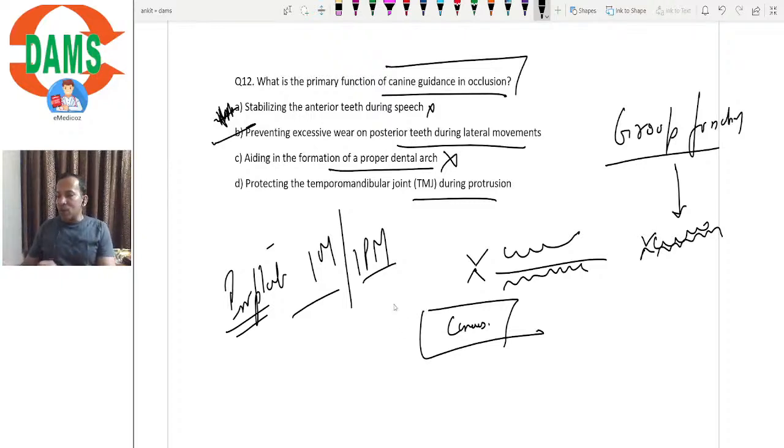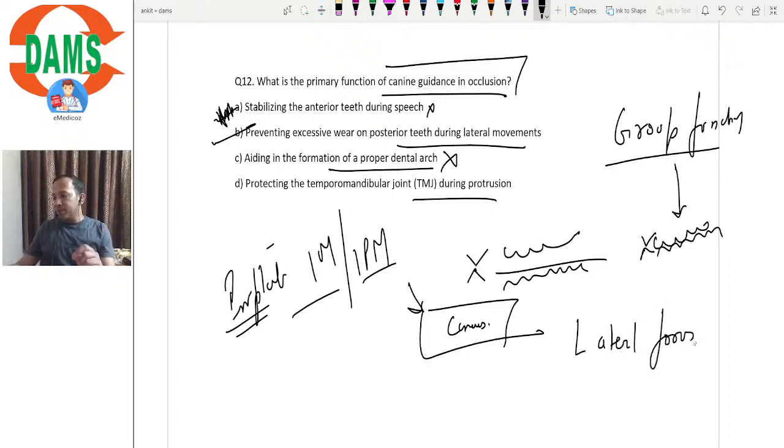So what will the answer be? We would like to have a canine guided occlusion. We would like to keep this prosthesis a bit infra-occlusion, okay? Slightly shorter than the occlusion, we would like to keep its cusps a little less prominent so that they do not interfere, they do not contact during the lateral movement, because lateral forces are the most damaging forces.